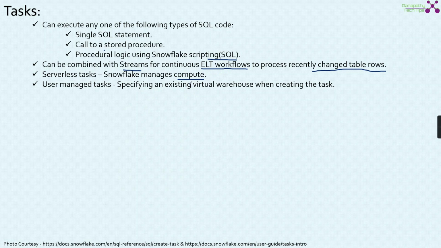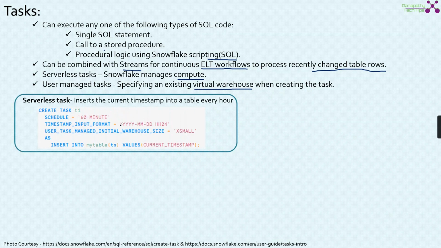For the task to run, we need a compute to be added to it. That compute is completely managed by Snowflake when it comes to the serverless task. The other form of task is the user managed task where we need to specify the compute by providing the existing virtual warehouse while creating the task.